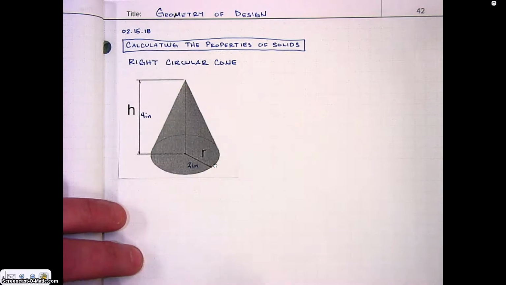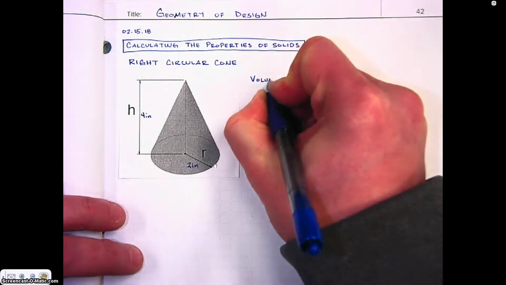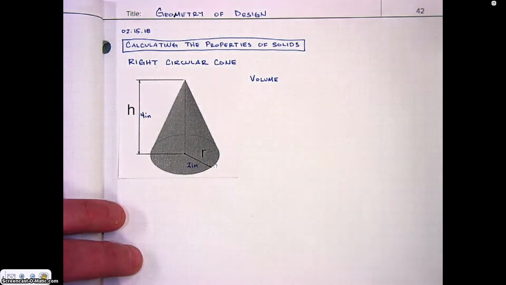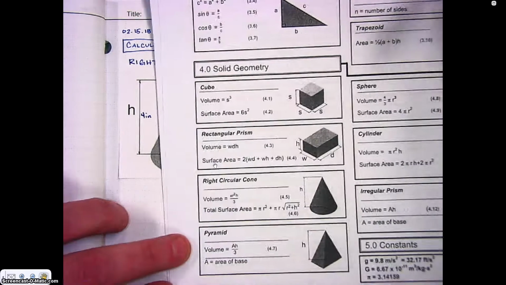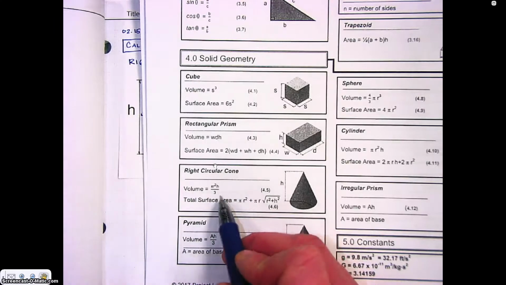All right. The first thing we're going to calculate is the volume. So I'll go ahead and write volume here. And we'll look at our formula sheet to find the formula that we need to use. If we see here, we have a formula for a right circular cone.